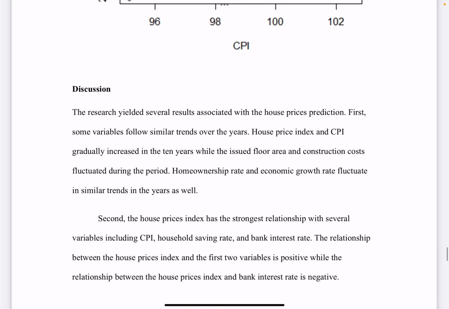So the conclusion, the discussion. The finding is that first, we found that there are some similar trends for several variables during the years.